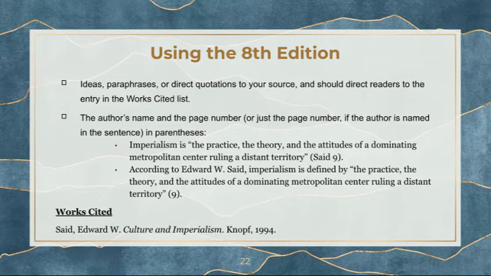Now, the author's name and the page number is what you include in parentheses in the actual essay. So below you can see two examples on how to effectively do this. The first one, we have "imperialism is the practice, the theory, and the attitudes of a dominating metropolitan center ruling a distant territory." That quote is coming from our author Said, and it is located on page 9.